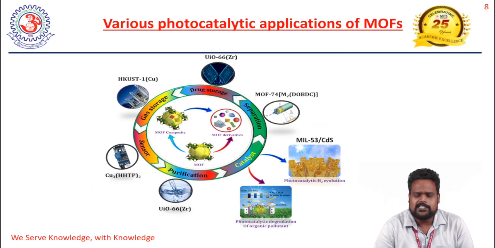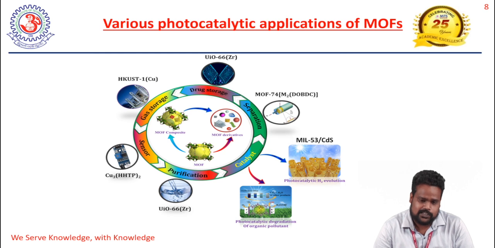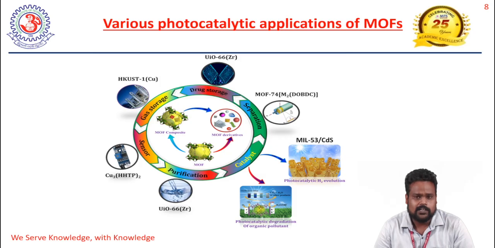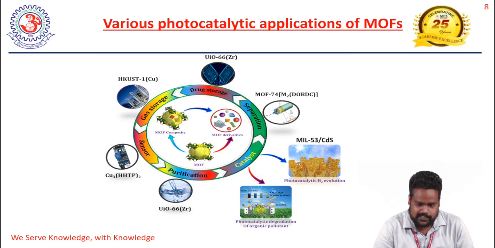Different applications can be achieved with metal organic frameworks, like drug storage, separation, purification, sensors, and gas storage. And at last, we can achieve catalytic applications, which have been researched to a significant extent.